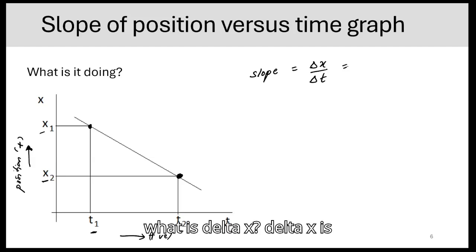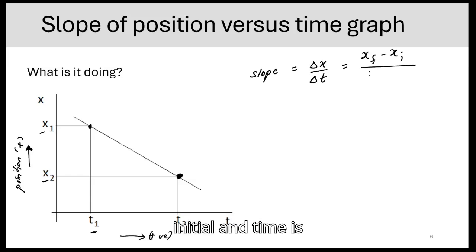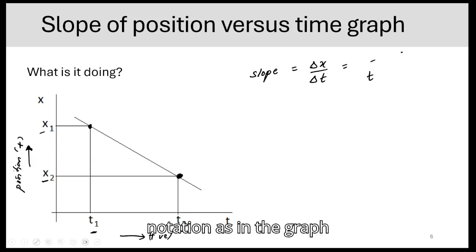And what is delta x? Delta x is x final minus x initial, and the time change is final minus initial as well. I can use the same notation as in the graph.